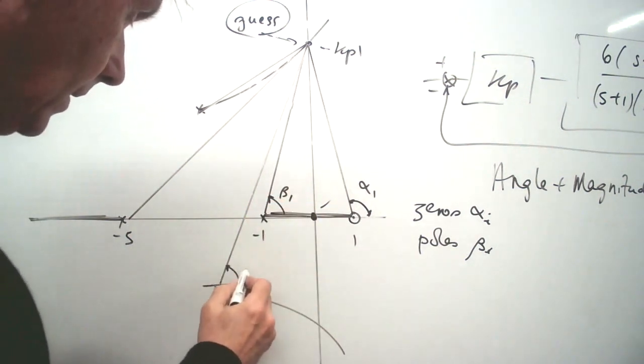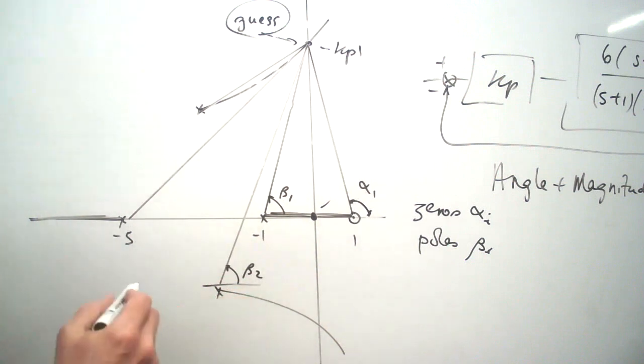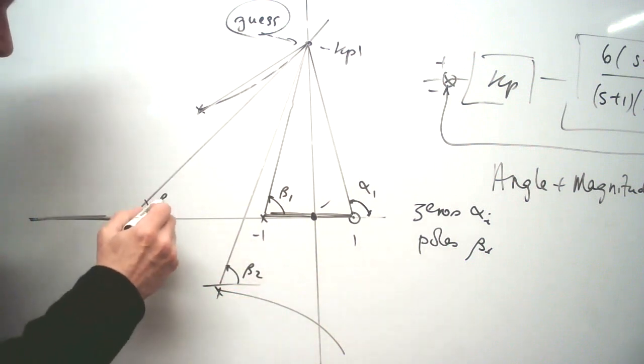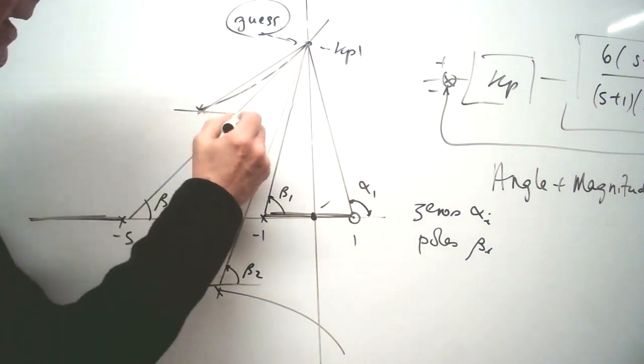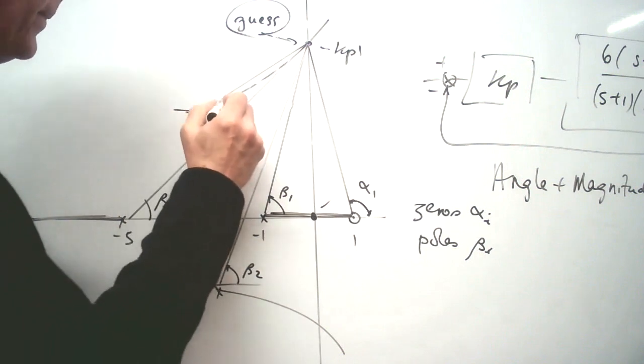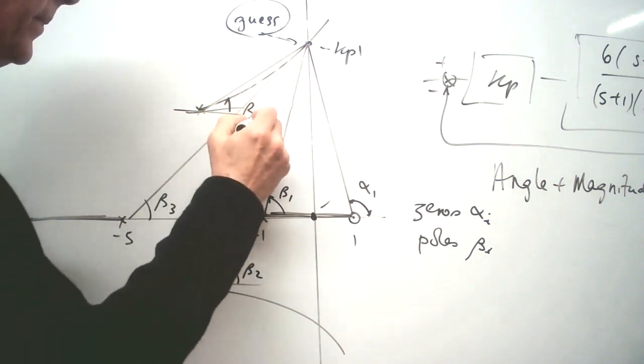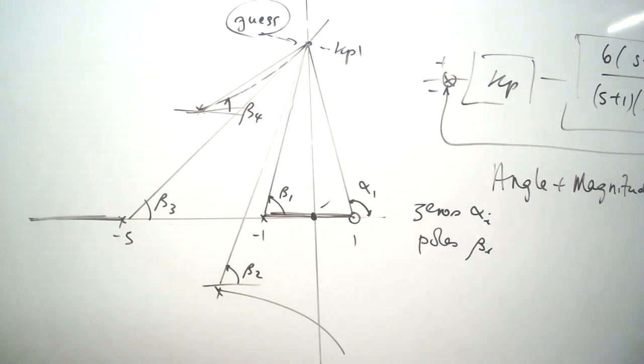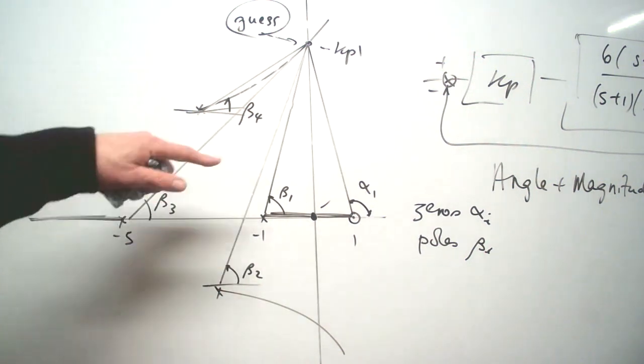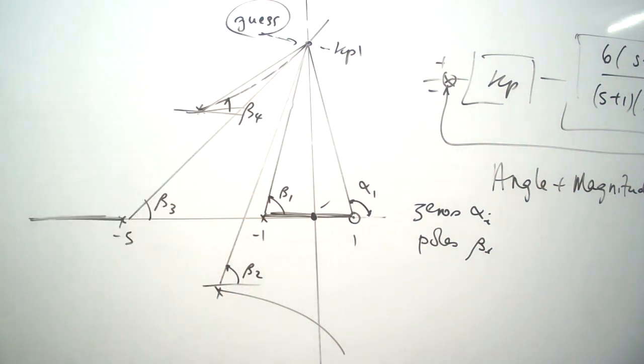That one there could be beta 2. This one here could be beta 3. And that one there could be beta 4. So we've measured those angles now using our protractor.